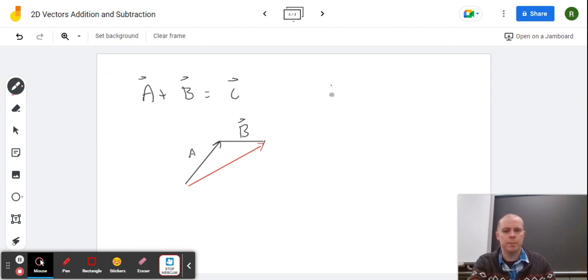Let's say we had vector B equals vector C minus vector A. Right? So what would that look like? We're now using C and A to try and make B happen. So how does that work? How do we subtract a vector?